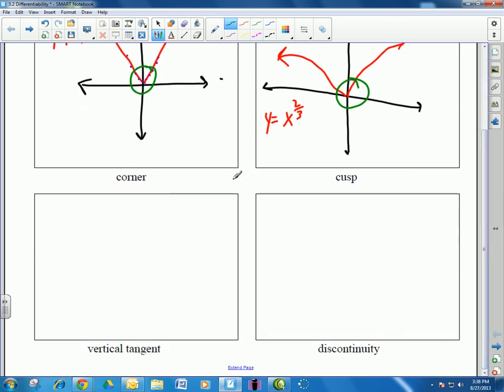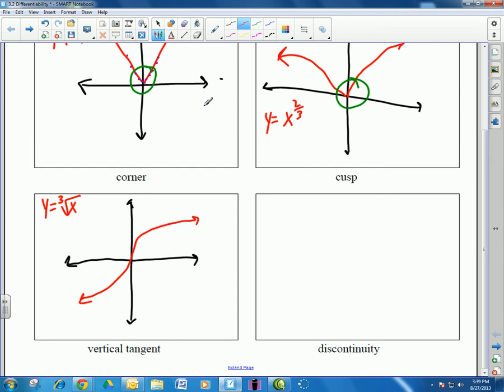All right, the next one is going to be a vertical tangent. Vertical tangent is like a cube root, so y is equal to the cube root of x. This is going to be tricky for me to draw, but it's going to look something like that, where right here at x equals 0, right there you have your vertical tangent.